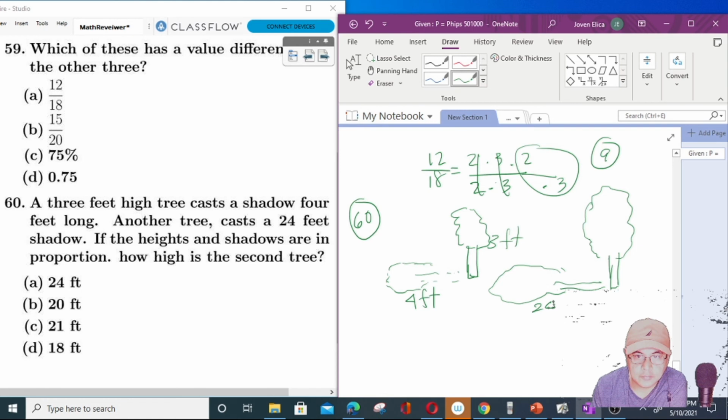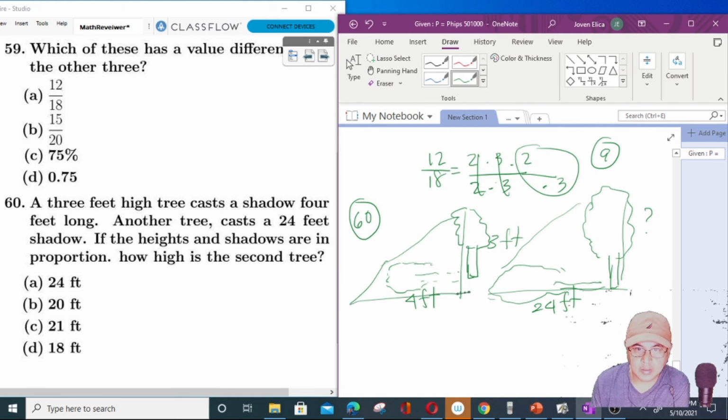If the heights and shadows are in proportion, so this is in proportion, this is actually a similar triangle problem.